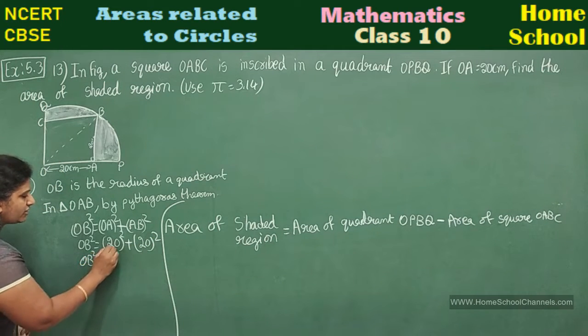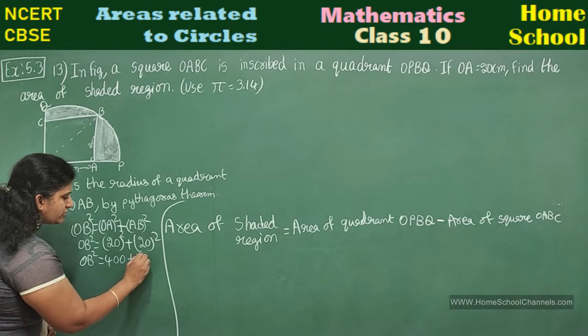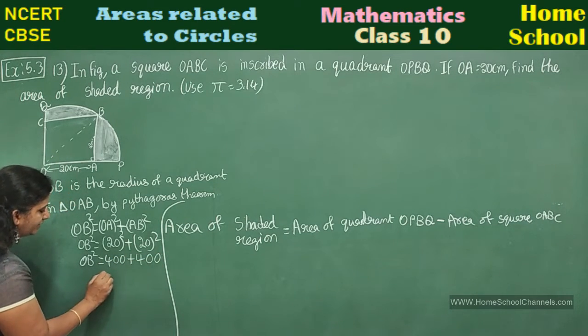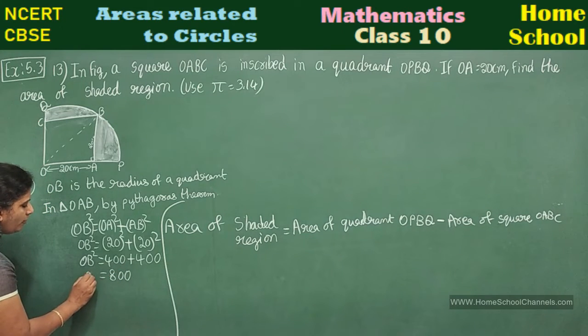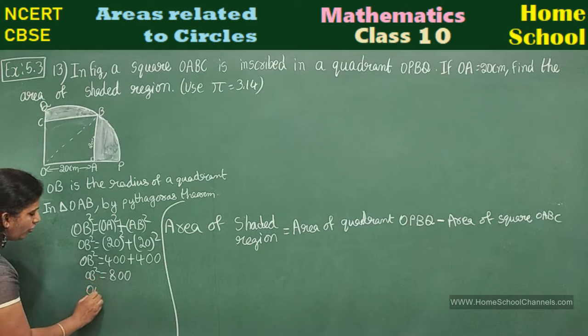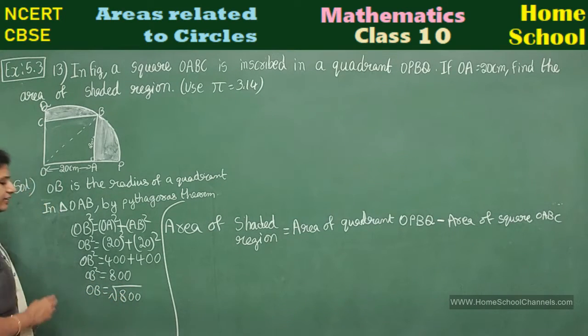So it will be 400 and this one also 400. 400 plus 400 will be 800. OB square is 800.